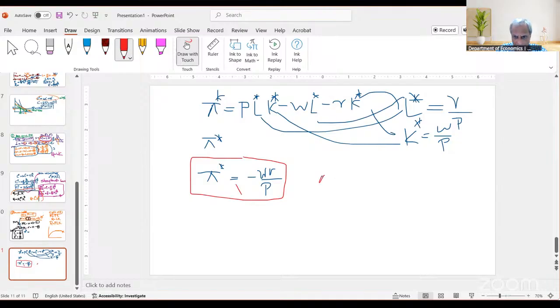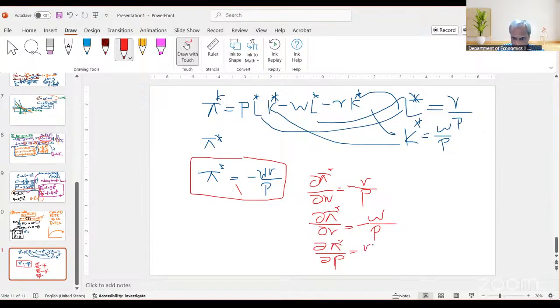For example, if you differentiate the maximum value profit function with respect to W, you get the result R over P. Similarly, if you differentiate it with respect to R, you get minus W over P. And also, you can differentiate the maximum value profit function with respect to P. There you get R W divided by P to the power 2.